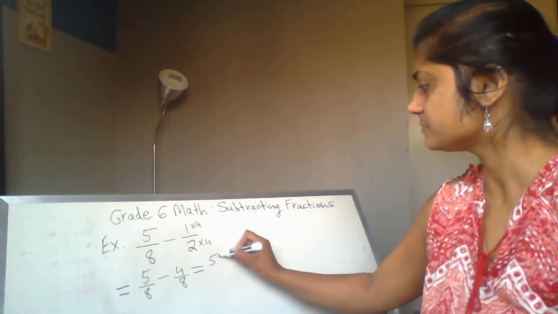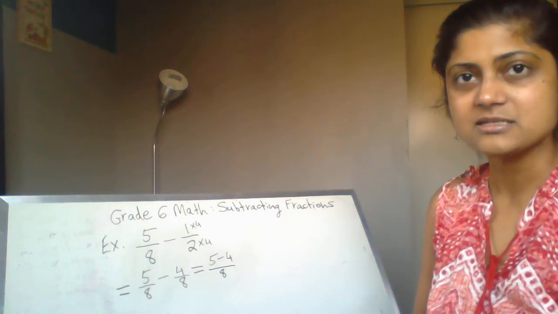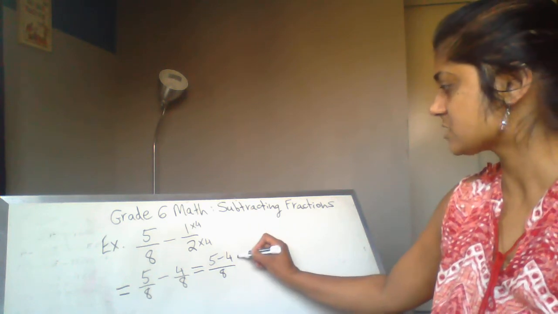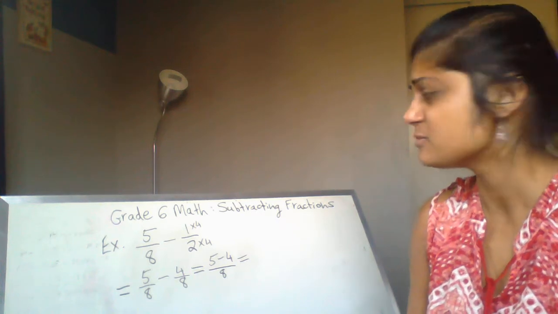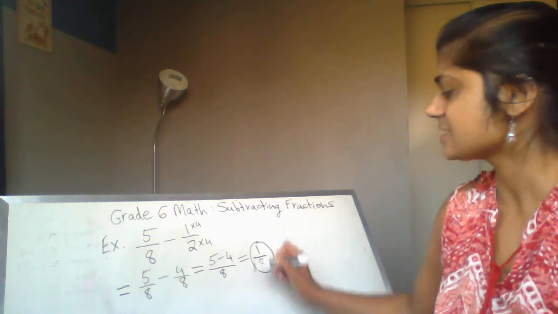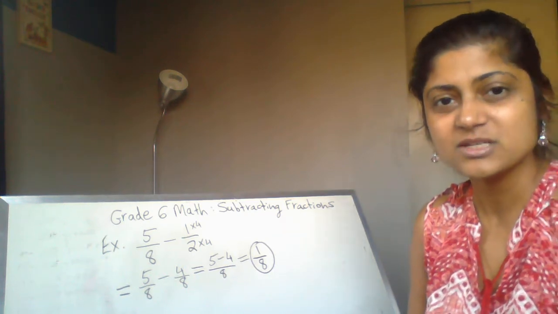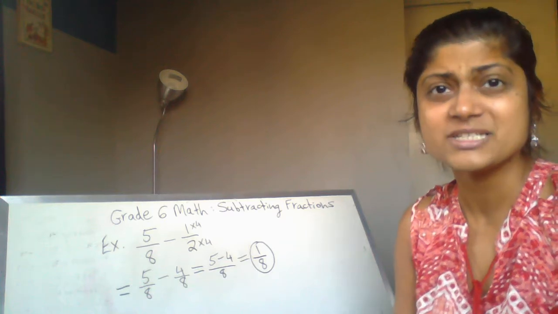Let's write it out here. And the bottom one is not 8 minus 8. It's just a common denominator, so it's equal to 8. The denominators are the same. I'm doing 5 minus 4, which is 1. And the bottom number stays as 8. So this is my final answer actually. It's 1 over 8. Does everyone see how to do that?